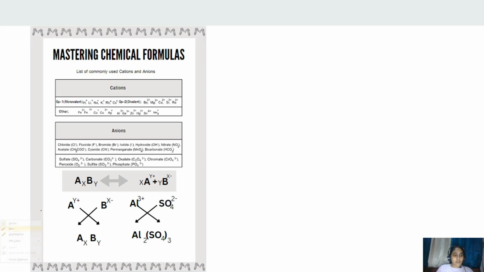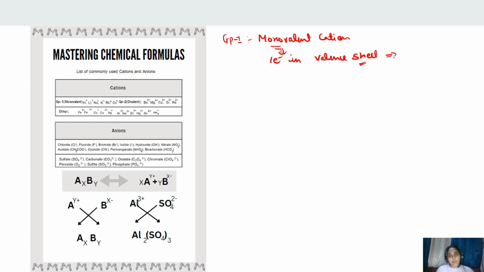So I am showing here some important cations and anions, and let's discuss the cations first. Group 1 will show monovalent cations. Why monovalent? Because they have one valence electron. They can donate that one electron and attain stability.